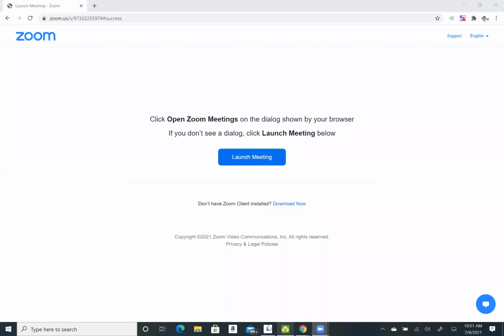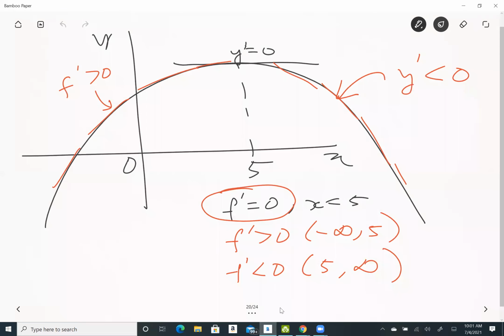Now let's go back to what we learned on Monday. I think that is where we stopped, where you have the intervals for which the f prime or the derivative is positive, and there are intervals for which the y prime or the f prime is negative.